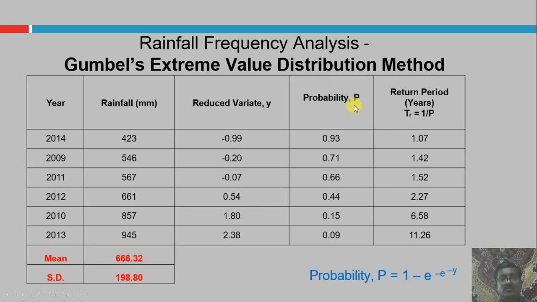Reduced variate and probability are plotted, and using the equation the probability is calculated, and the return period is calculated as 1 divided by p. The only change is that instead of plotting in sequence, the reduced variate y is worked out and plotted in this column.